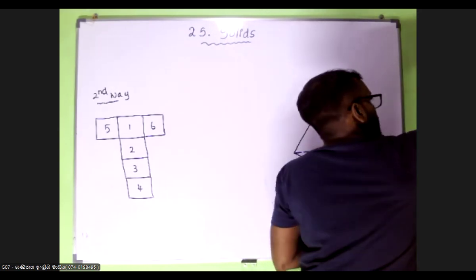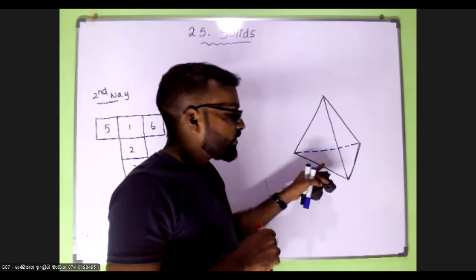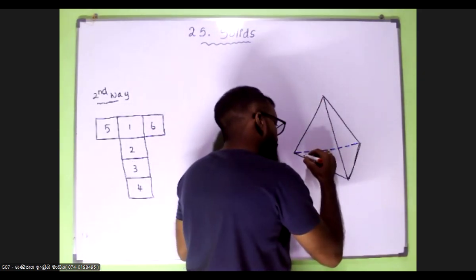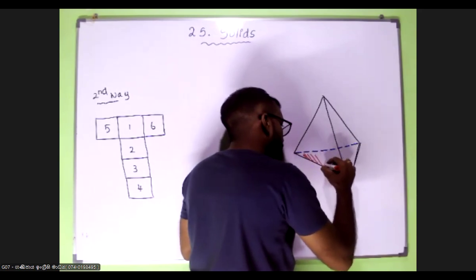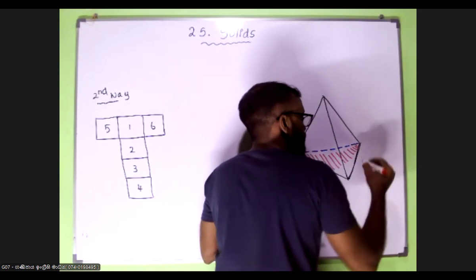I will use my red pen to color the faces that I cannot see. This is the bottom face, which I cannot see.